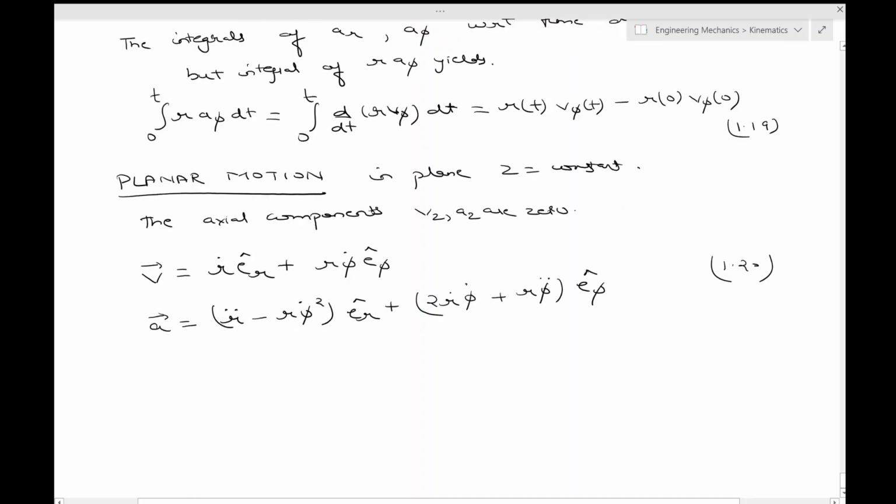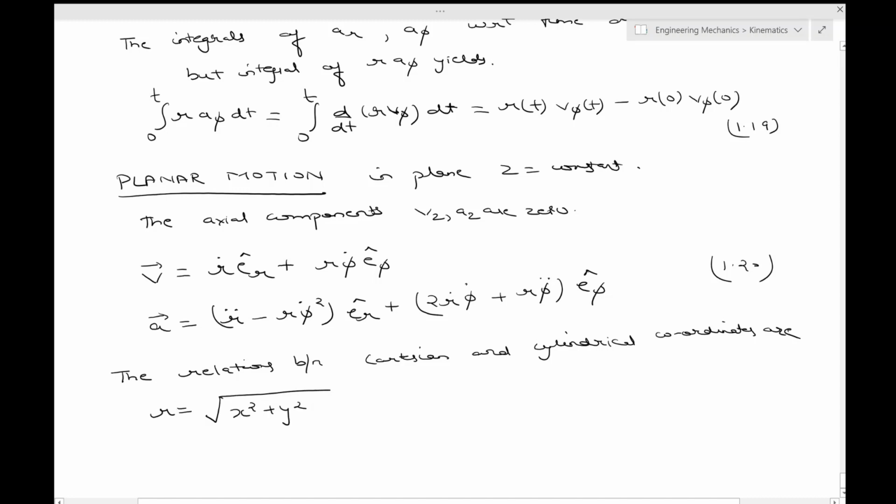So we can write the relations between Cartesian and cylindrical coordinates: r is equal to square root of x square plus y square, phi is equal to tan inverse y by x, x is equal to r cos phi, and y is equal to r sin phi.